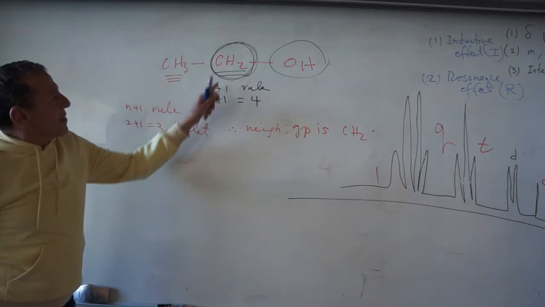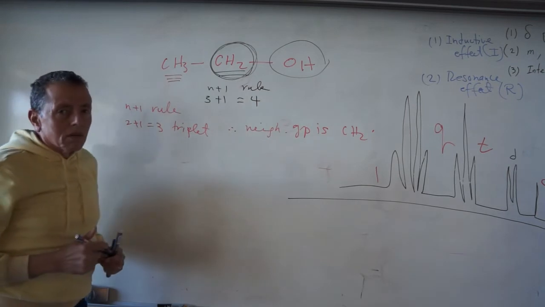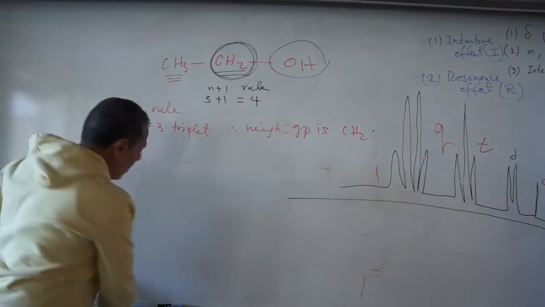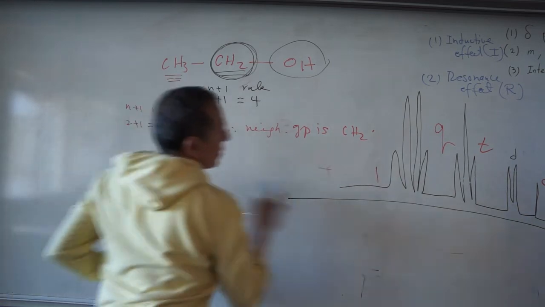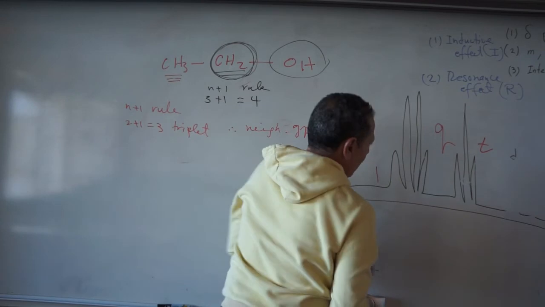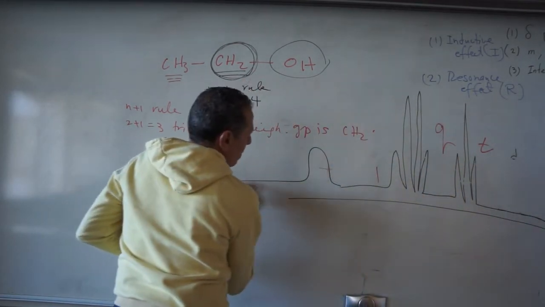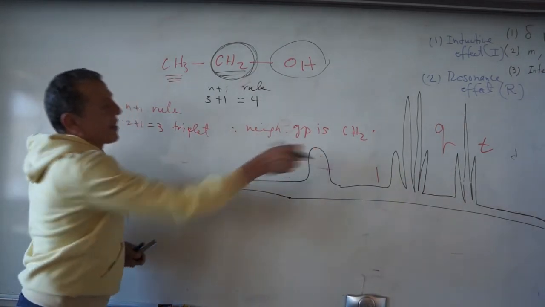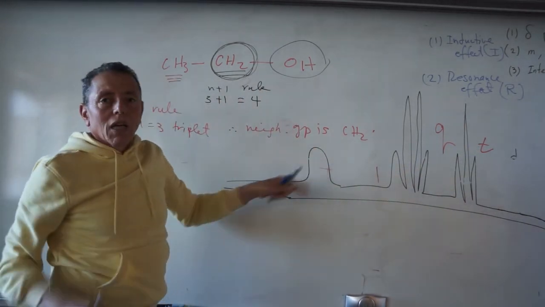A quartet. What does a quartet mean? It means that the neighboring group must be a methyl group. So in the end, you will see the structure like that. You will see the spectra like that: triplet, quartet, and the broad peak.